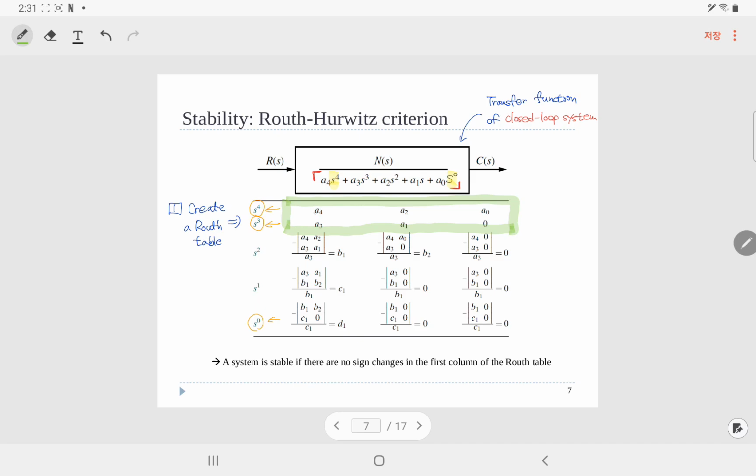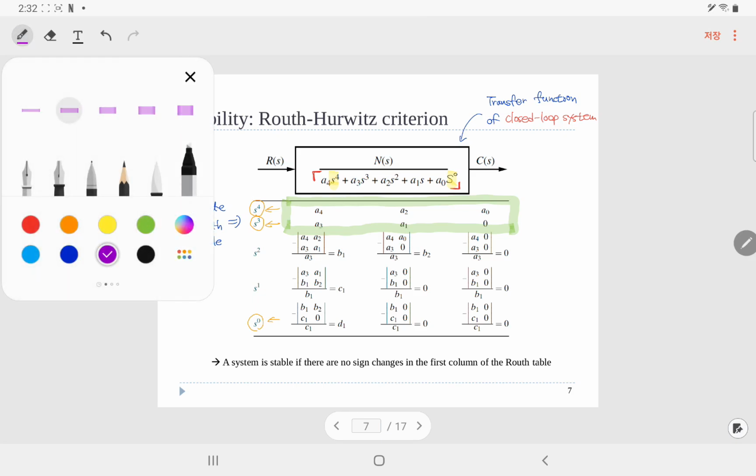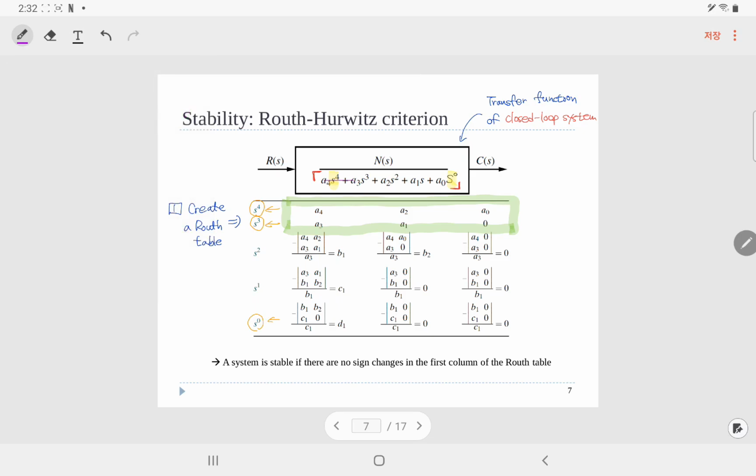This is the first component of the first row, A4, and the next coefficient is A3, and A3 is placed here. So the first coefficient is placed here, and the next one is placed here, and the third one, in this case A2, is placed here.